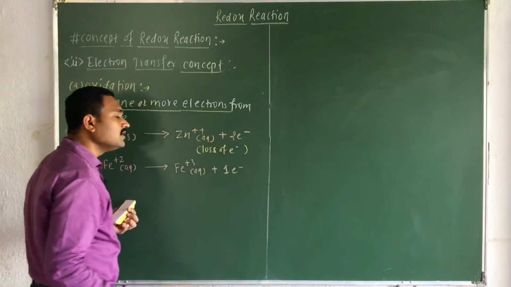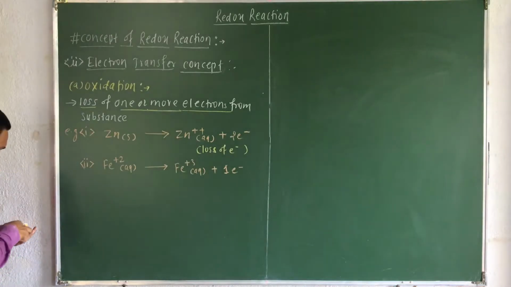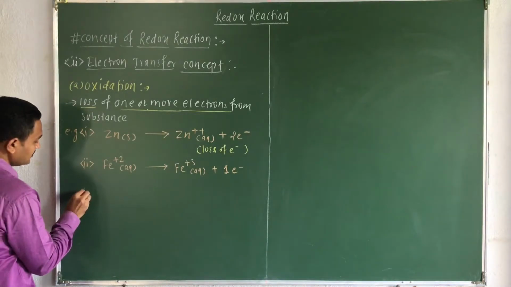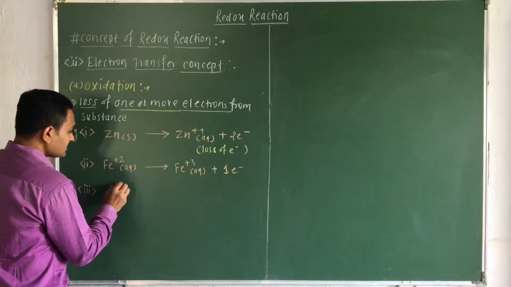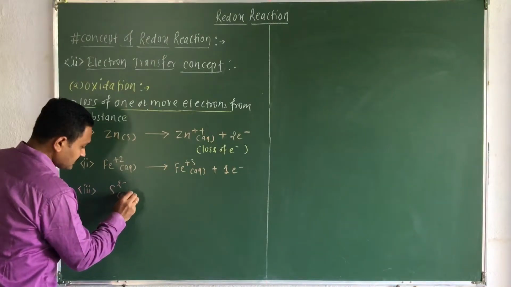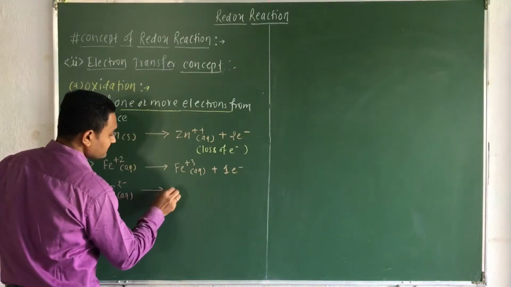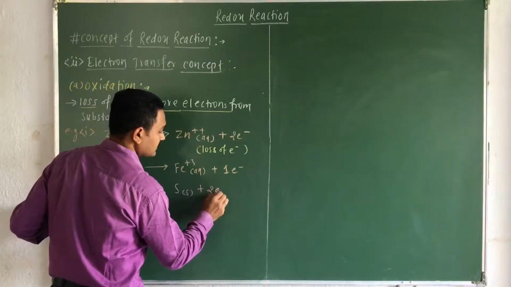So here also there is a loss of 1 electron. Now the third example: sulfur 2- ion aqueous gives sulfur solid plus 2 electrons.